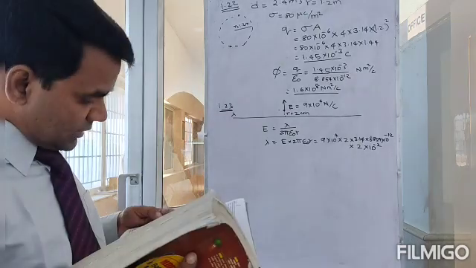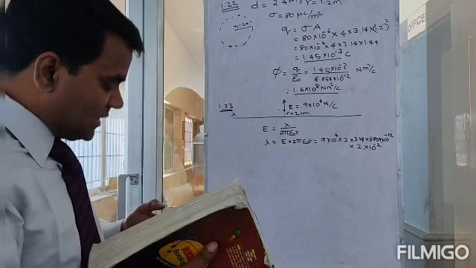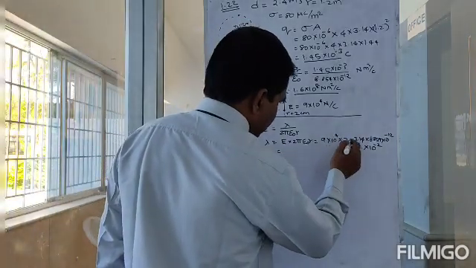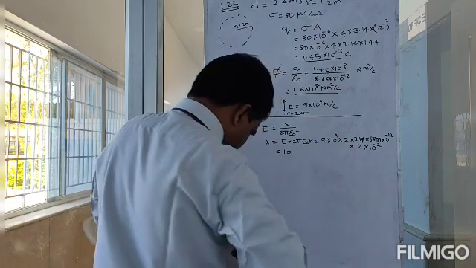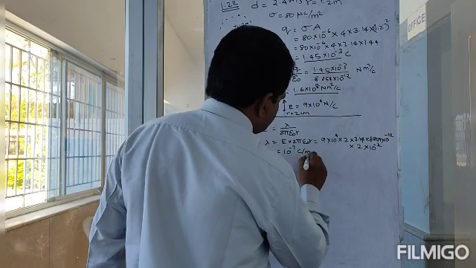So this is going to give you roughly 10 power minus 7 coulomb per meter. Okay? So 10 power minus 7 coulomb per meter.